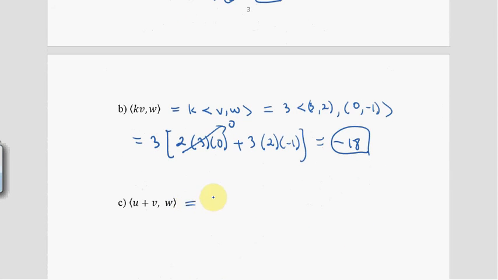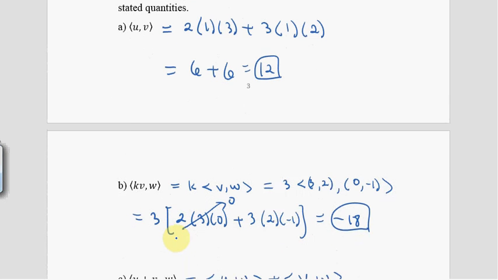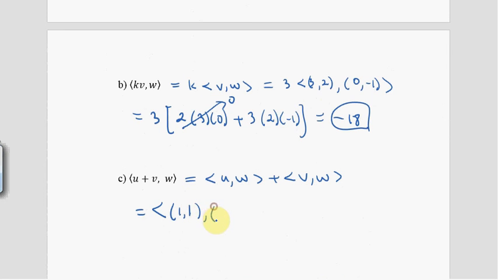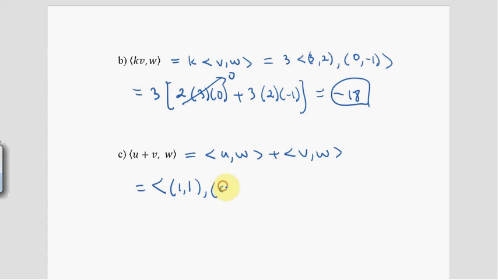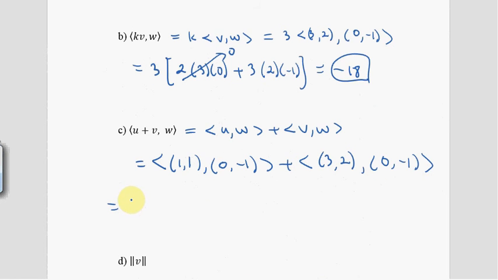Here, this is the so-called distributive property. So this is the inner product of U with W plus the inner product of V with W. So here, first, the inner product of U with W, and U again is 1, 1, and W is 0, -1, plus the inner product of V, 3, 2, and W, and we found that one up here without the K. So here, this is going to be 2 times the first component, 1 times 0, and then plus 3 times the second components.